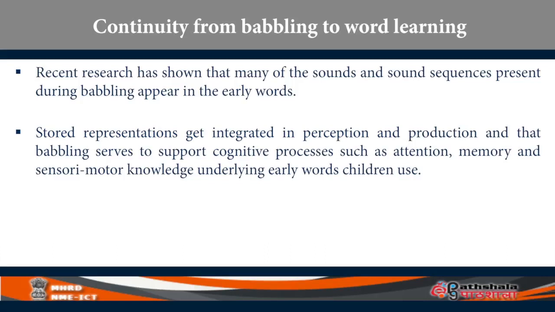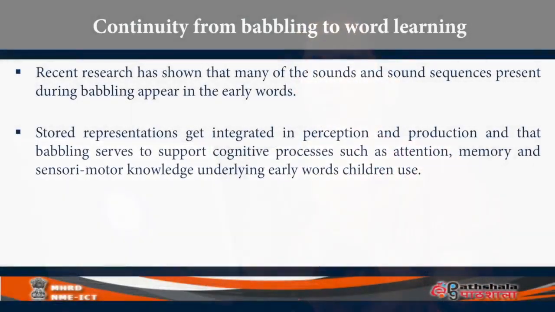In other words, stored representations get integrated in perception and production. So, when they are babbling, some of those syllables, those representations are there in the child's mind, and then the child keeps hearing input.